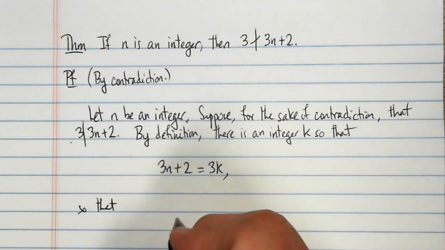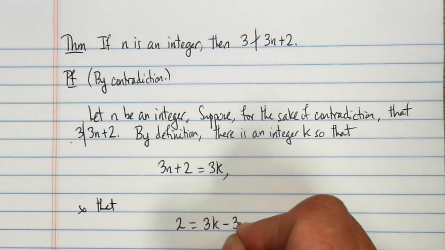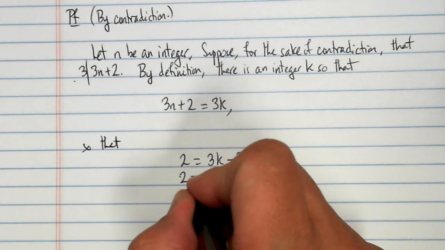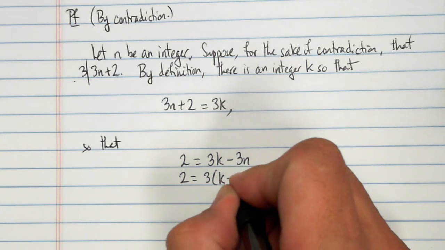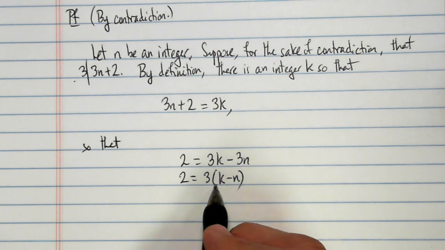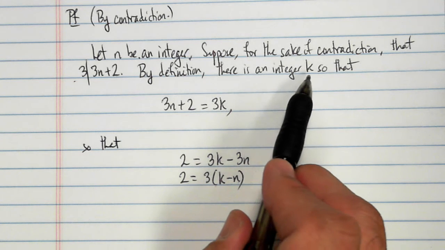Well, let's see, that means I can write 2 is equal to 3 times k minus 3 times n, getting the 2 by itself. Or I factor the 3 out, that 2 is equal to 3 times (k minus n). All right, now the thing in parentheses is an integer. n is an integer, k is an integer.